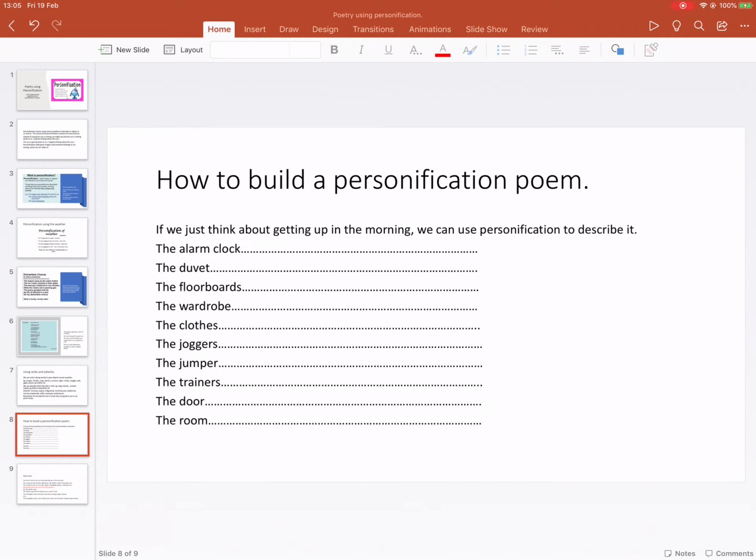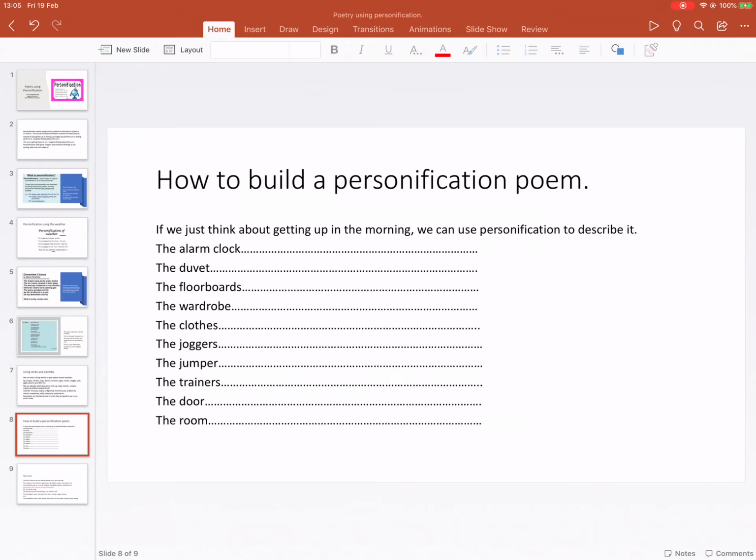So if we go through this and have a look at them. The alarm clock shrieks at me to wake up and turn it off. So he's got that, he's angry. The alarm clock, when it goes off, it makes you jump.